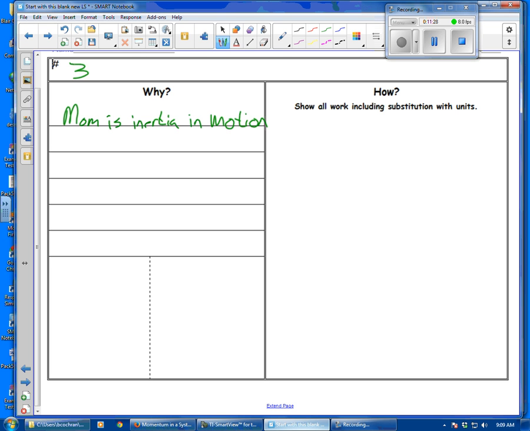It's not the best one, but the bullet and block are a system, and momentum is conserved in a system.